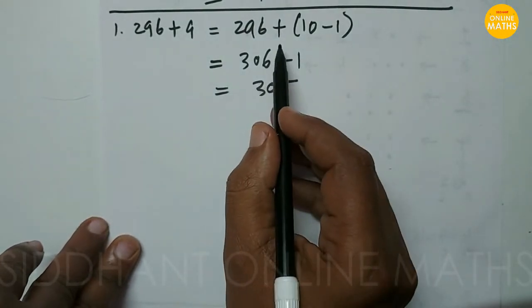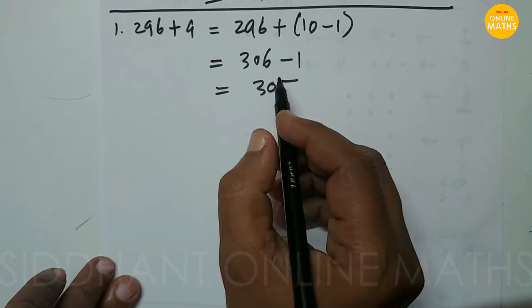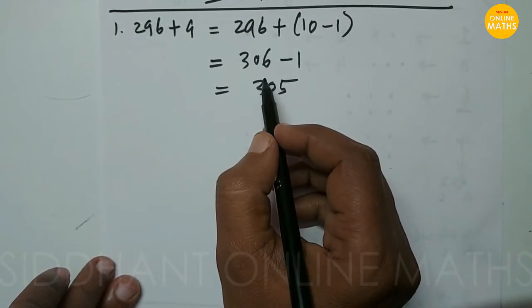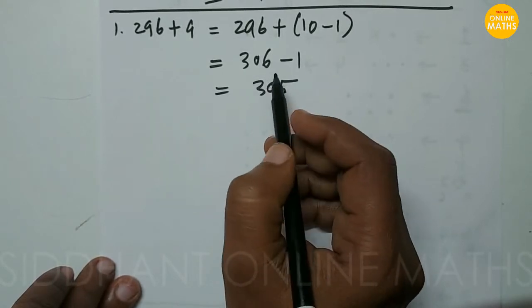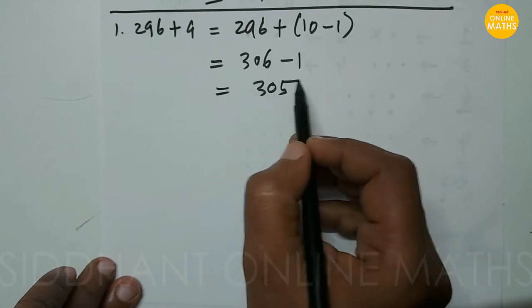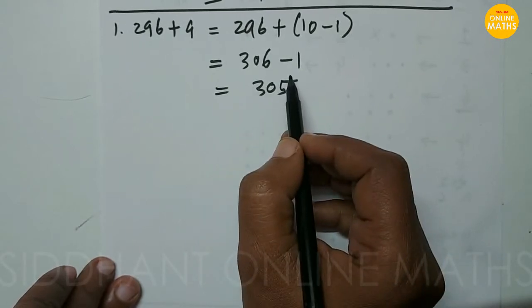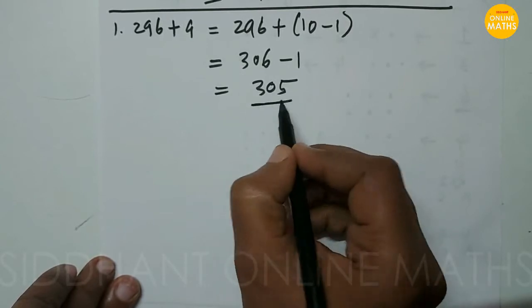Adding 10 makes it easy for us to guess the number here, like 296 plus 10 is 306, and after that we can subtract 1, and it is easy to subtract 1 from a given number here. So the answer will be 305.